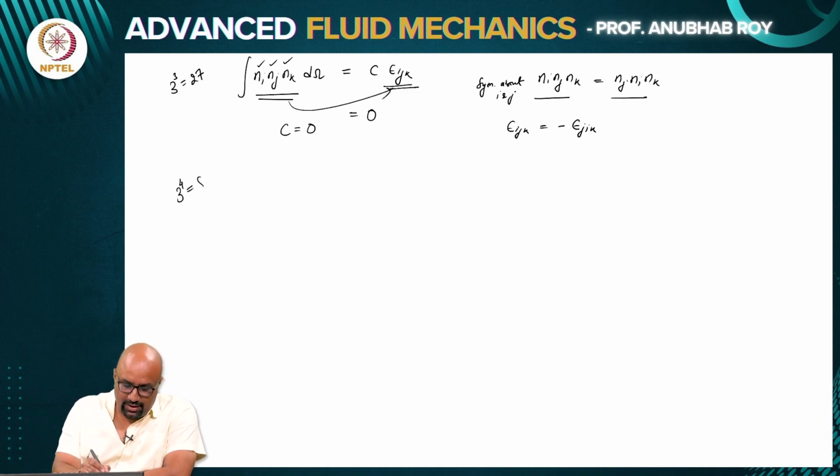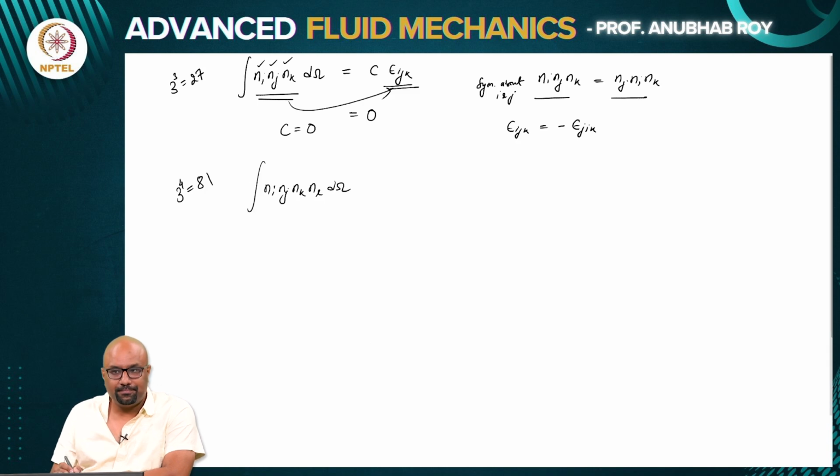The last bit of adventure, we go to an integration that is over 4 indices, Ni, Nj, Nk, Nl. And we saw earlier that this is an order 4 tensor, which is isotropic, which means that the only isotropic tensor that is allowed is a combination of the order 2 tensors.